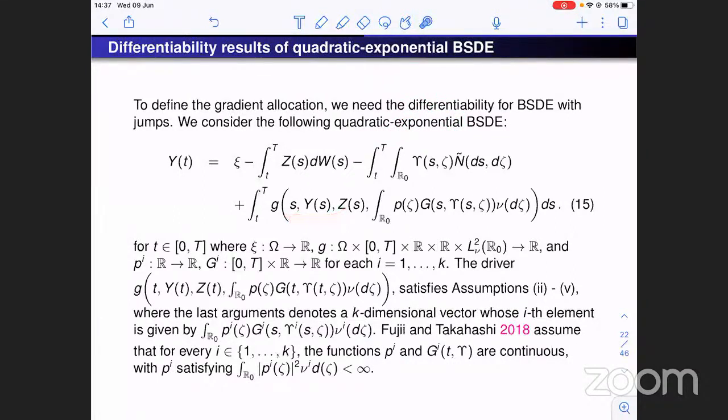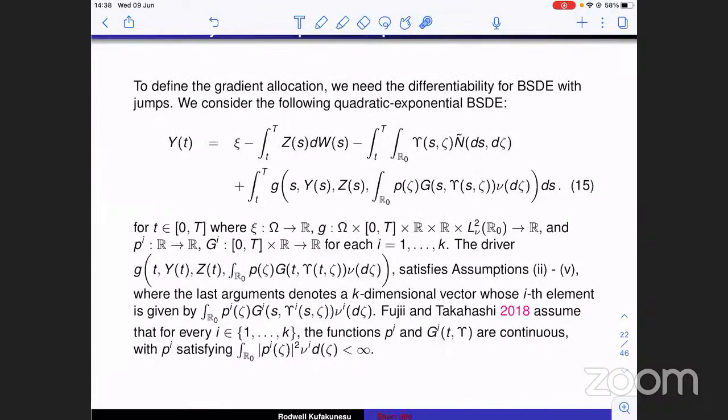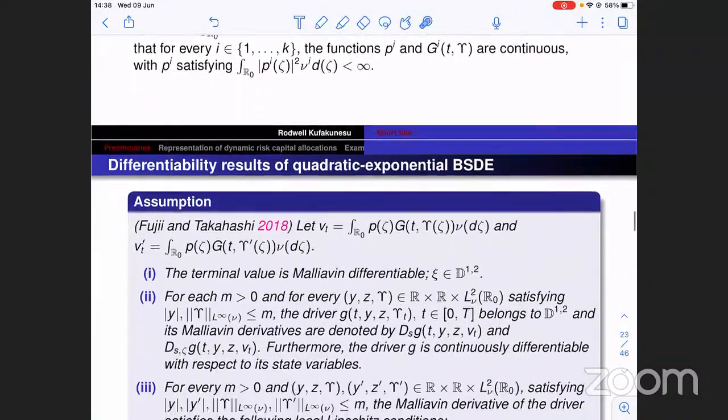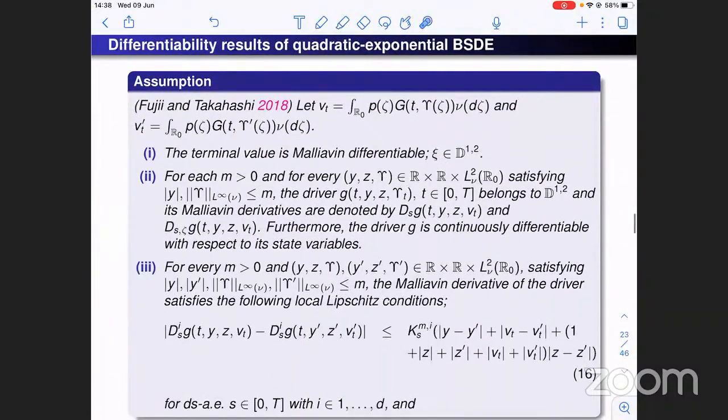So the generator will be of this form. You see the component of epsilon, which is the jump component, is also involved there, and some conditions have been put. So here we continue with the differentiability.